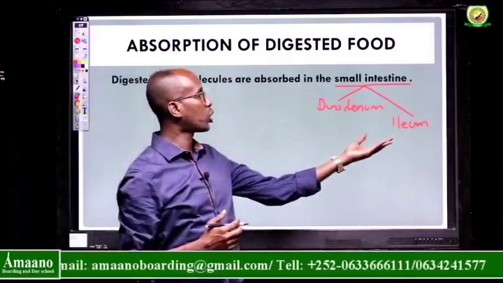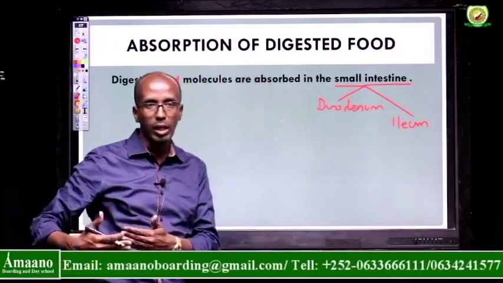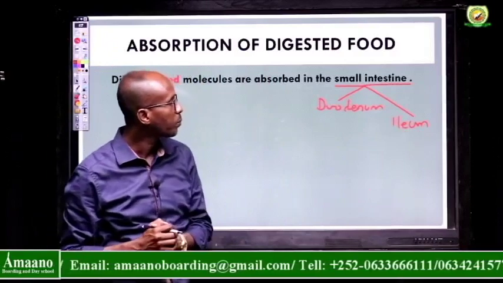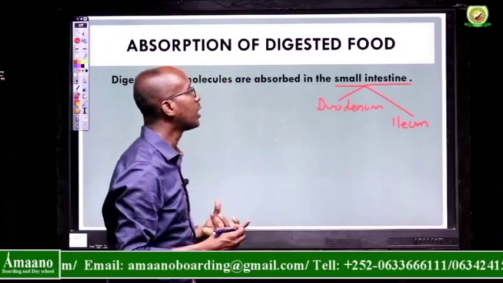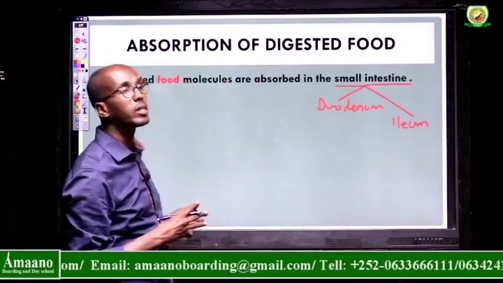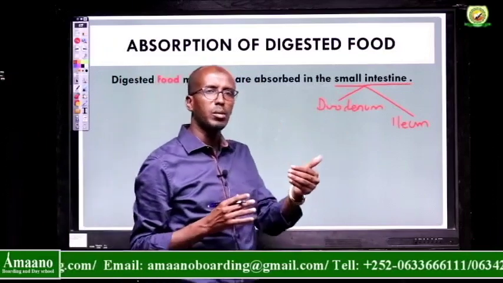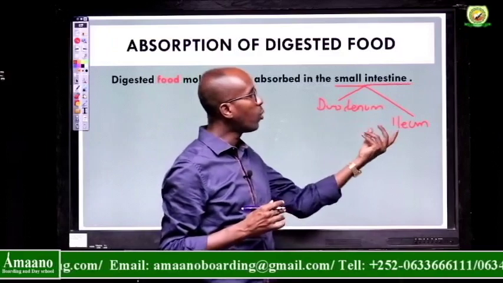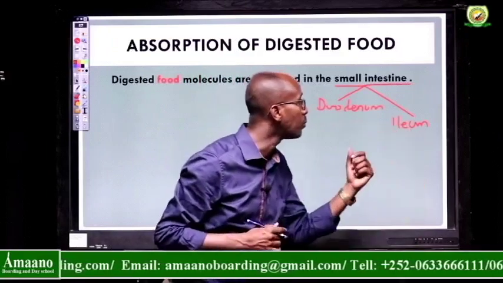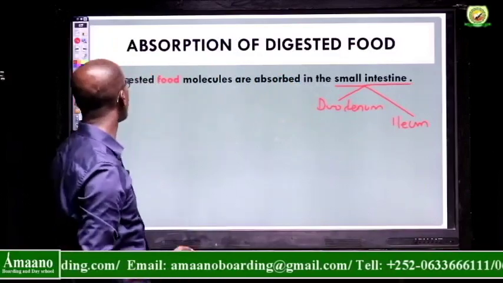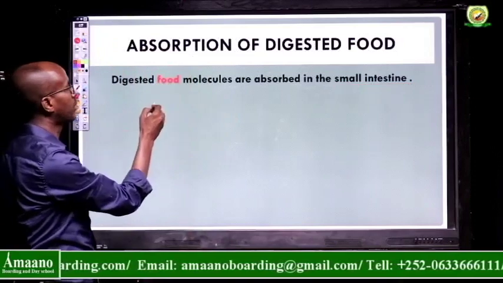Most of the absorption of food takes place in the ileum, which is the last part of the small intestine. The human small intestine is about 5 meters. The first 30 centimeters is called the duodenum, while the remaining 470 centimeters is called the ileum, which is the place where most of the absorption of food takes place.